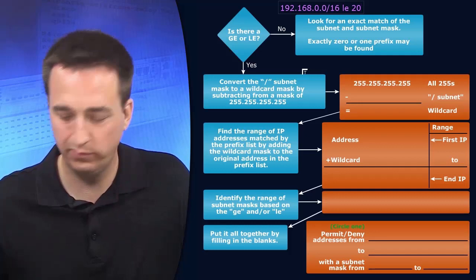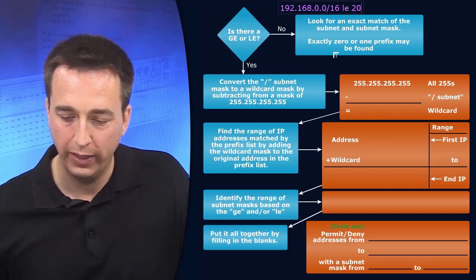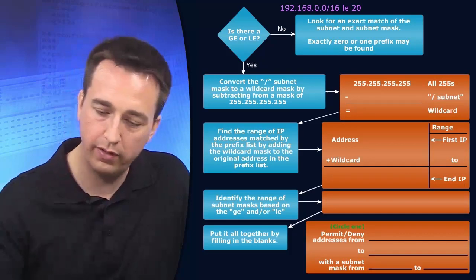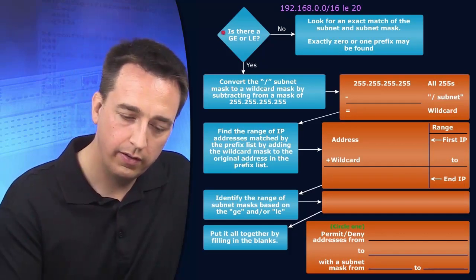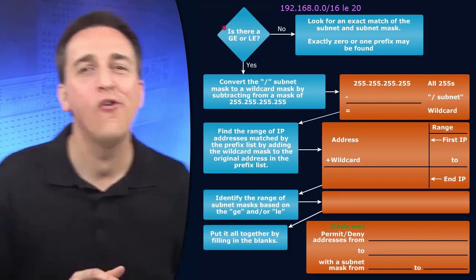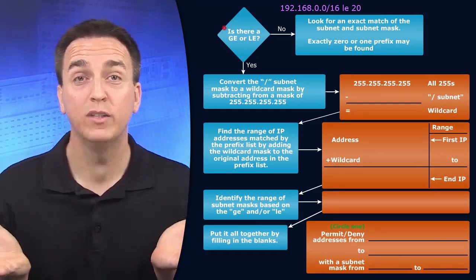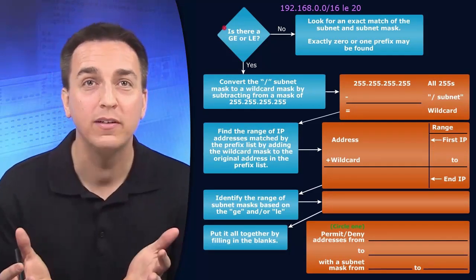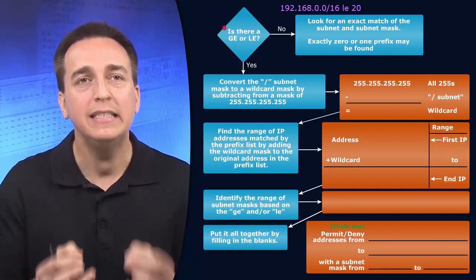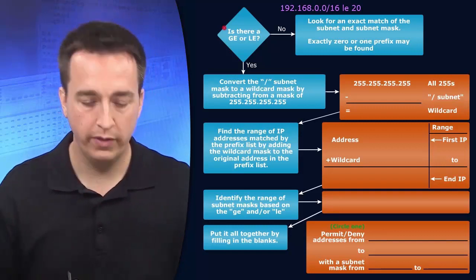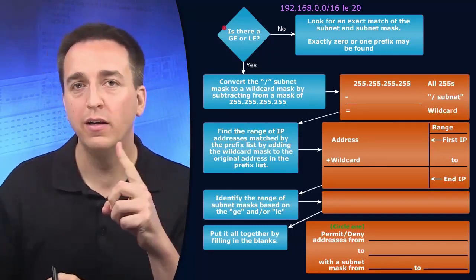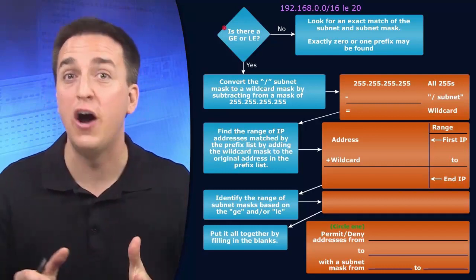What does that mean? Well, first of all, when you're reading it, is there a GE or LE? It's a pretty easy process. We can figure that out. Yeah, there is. There is a GE or LE. So we would move down the chart. But wait, let's find out what we do if there's not.